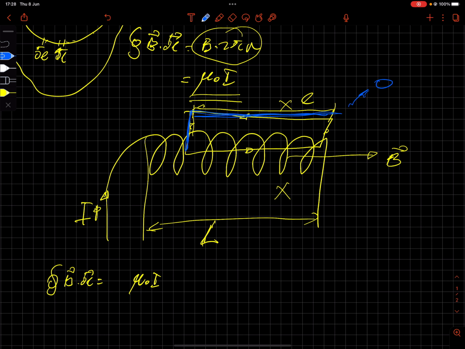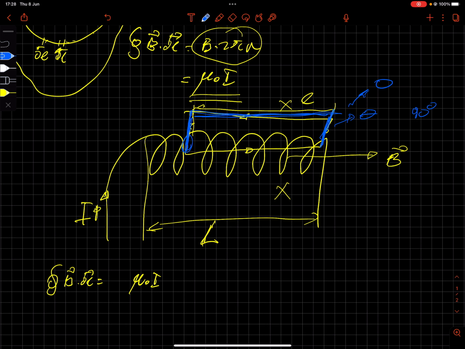Also, the angle between this path and the magnetic field is 90 degrees, so the contribution here and here will again be 0.